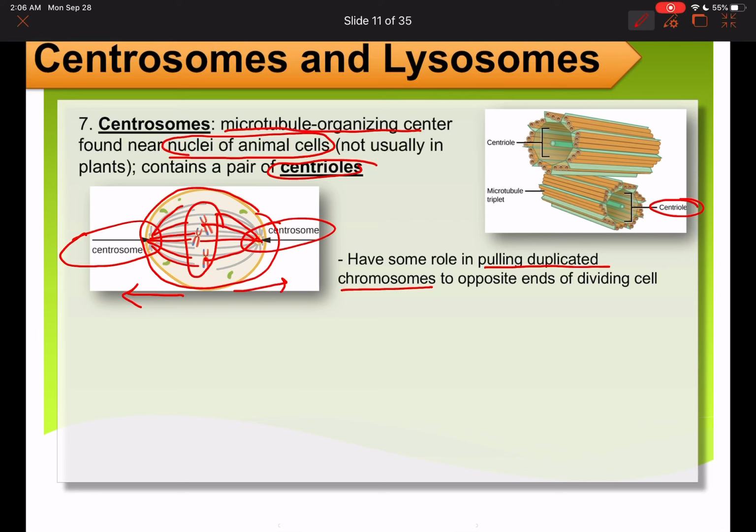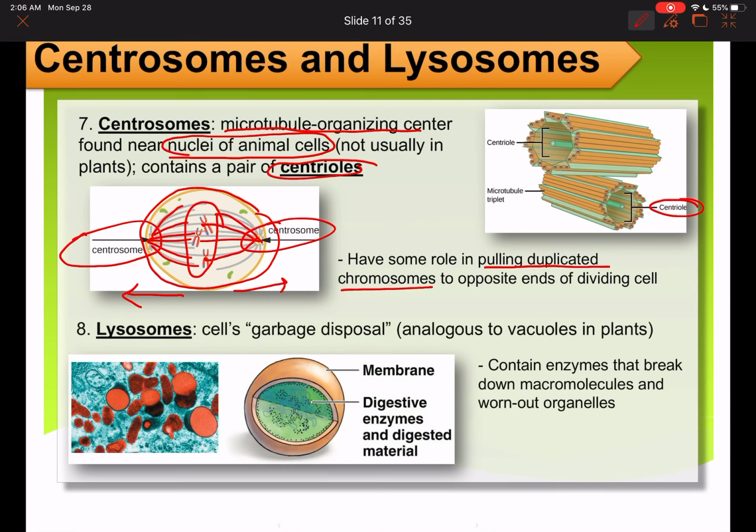We'll talk about that when we get to that chapter. Just remember centrosomes are important for pulling apart duplicated chromosomes in a dividing cell. Other than that, they don't really serve other purposes, not that we know of currently anyway.